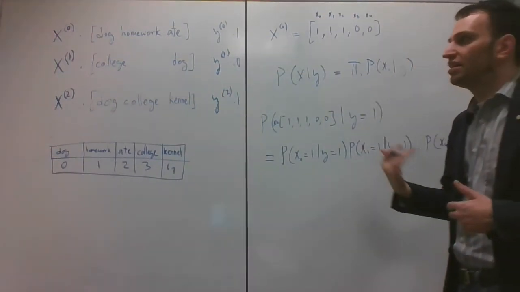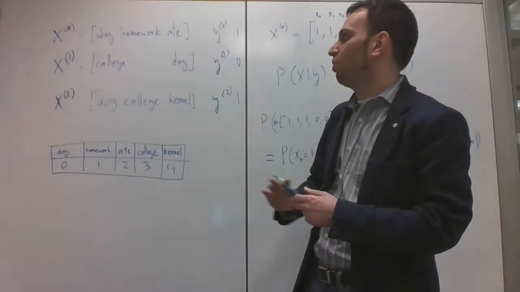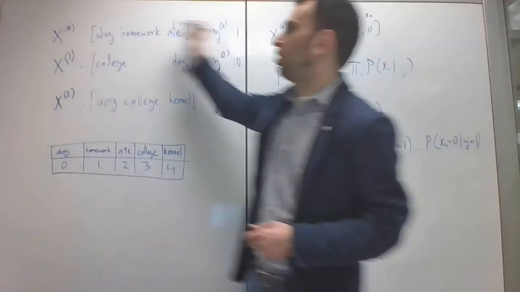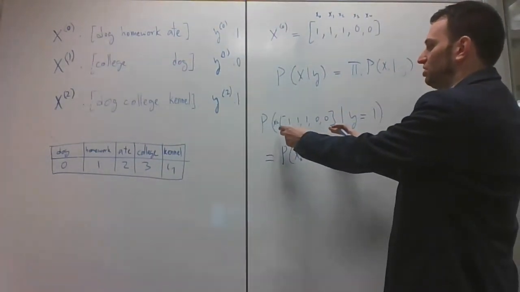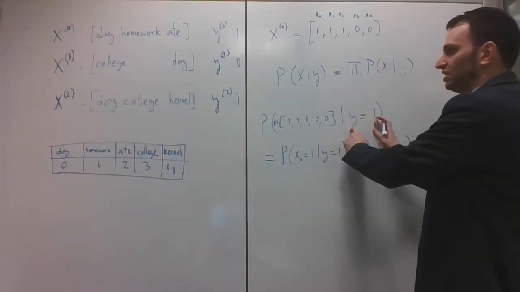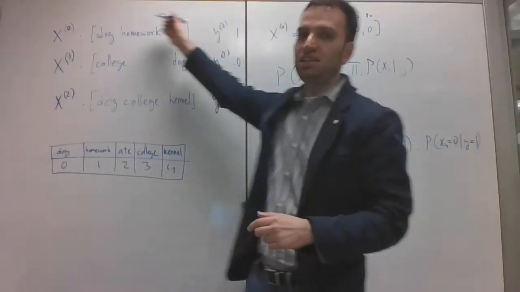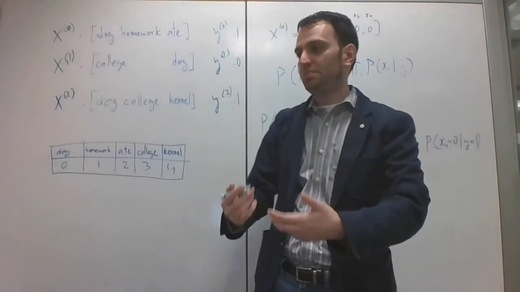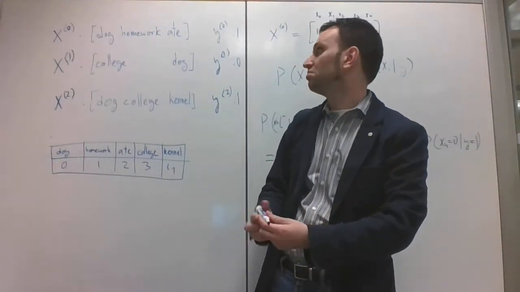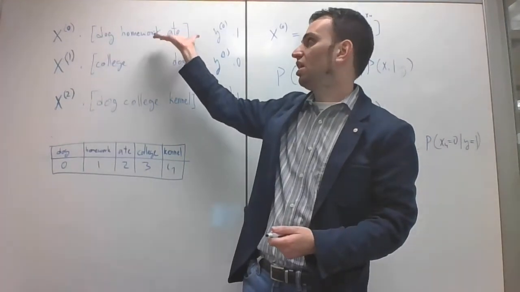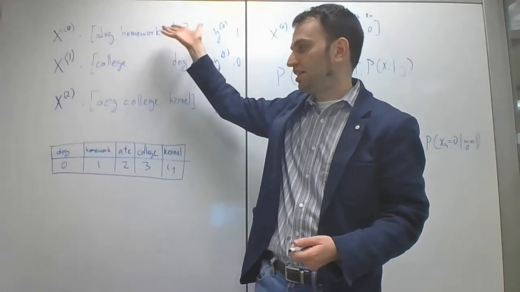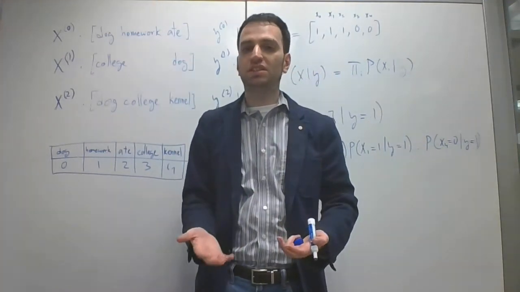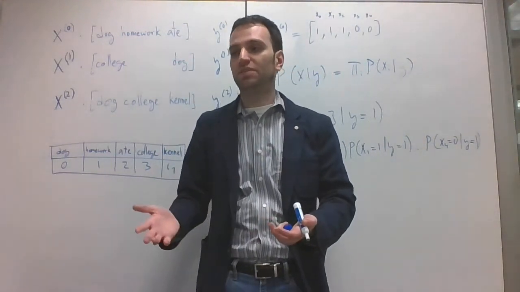Okay, the last thing I want to do is actually compute the probability of this data point. That's not the same as computing the probability of this x given this y. It's the probability of this data point given the parameters of the model. What's the probability of observing this kind of email? The parameters of the model are what we discussed when we discussed learning the naive Bayes model.